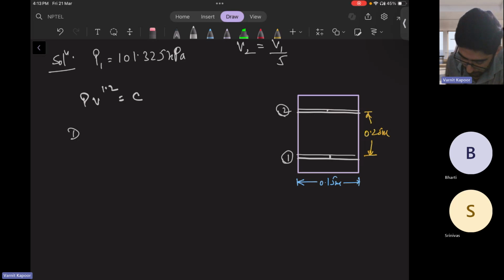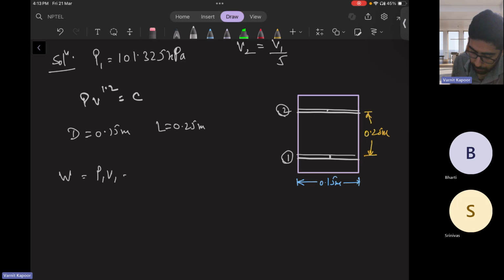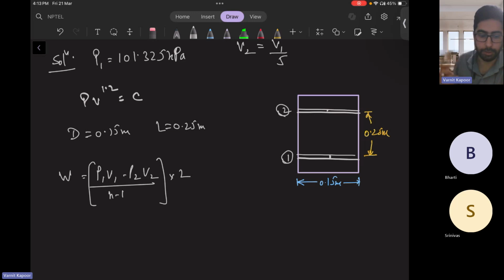Now we know that for a polytropic process, the expression for work done is P1 V1 minus P2 V2 by n minus 1. And this will be done 2 times, because from 1 to 2 and 2 to 1.